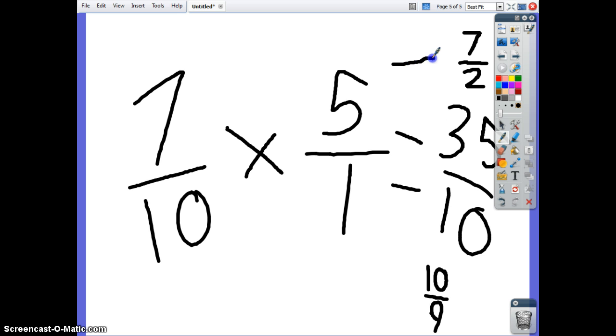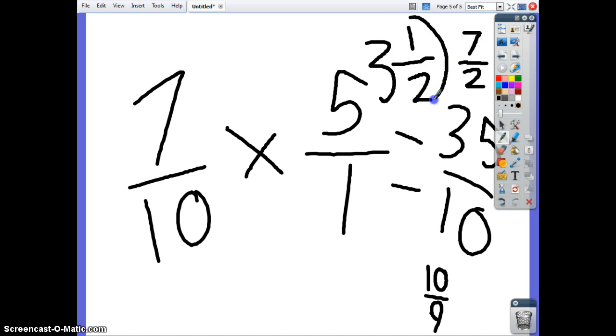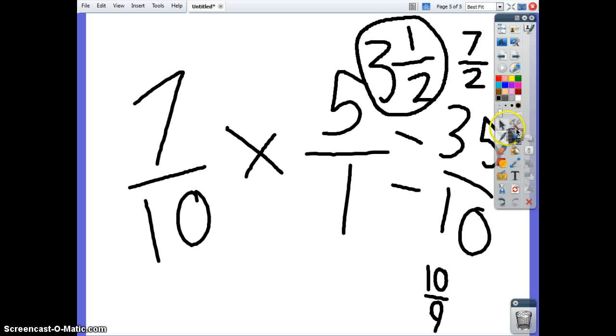So I'm going to see how many times 2 can go into 7, so there's 3 wholes. So we want to turn this into something and 1/2, and that would be 3 and 1/2, because 2 times 3 equals 6, which leaves 1/2 that cannot be turned into a whole. And here is the answer. And there you go.